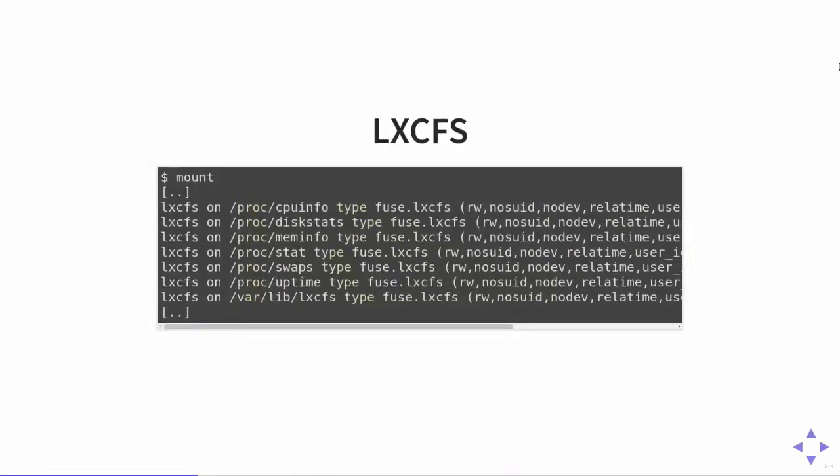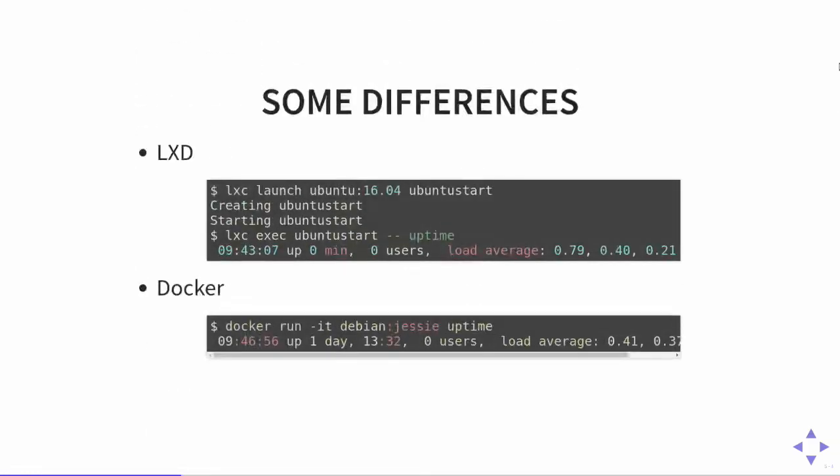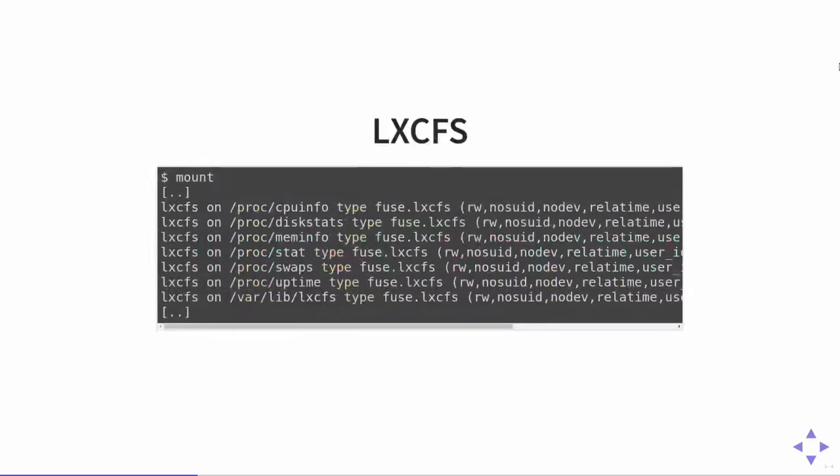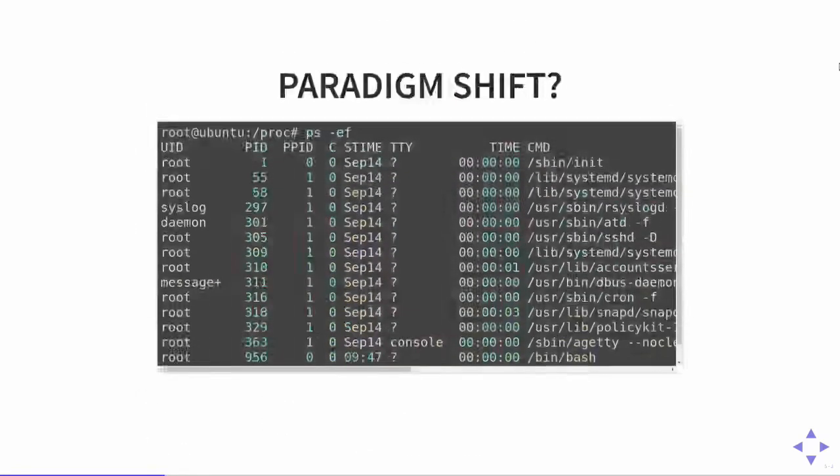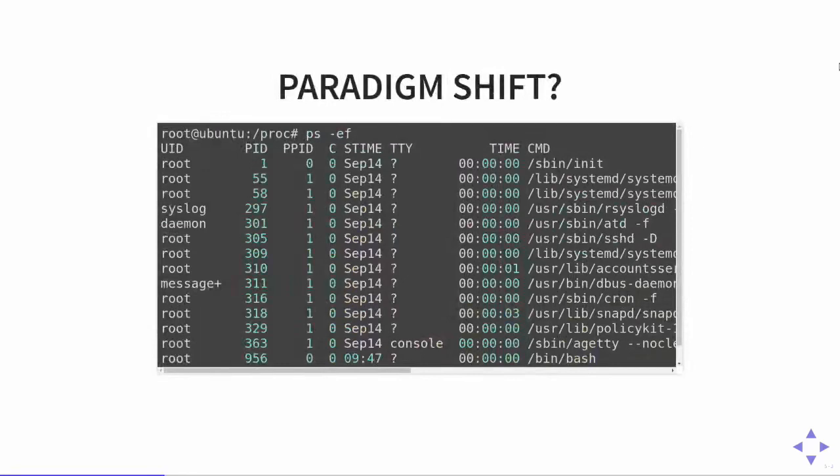For this uptime problem, they implemented a FUSE file system where they put in /proc/uptime some information about when the container started. So everything looks like a virtual machine, and you have a lot of processes. Anybody who started looking at Docker said, don't run SSHD, and you will see it's running SSHD by default here, and so on.